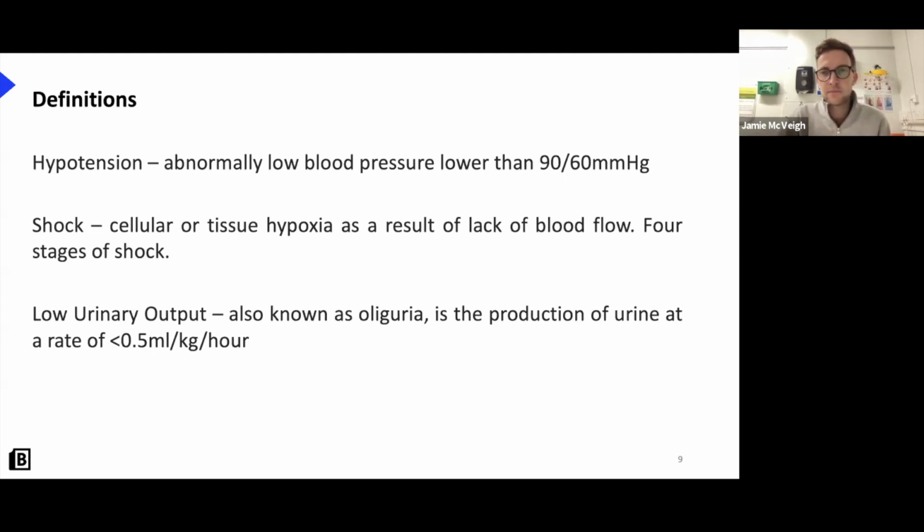but there are multiple causes for low urinary output, of which hypotension and underperfusion of the kidneys is one of them. It's also known as oliguria, and it's typically when you're producing less than 0.5 mils per kg per hour of urine, but that varies depending on the weight of the patient.